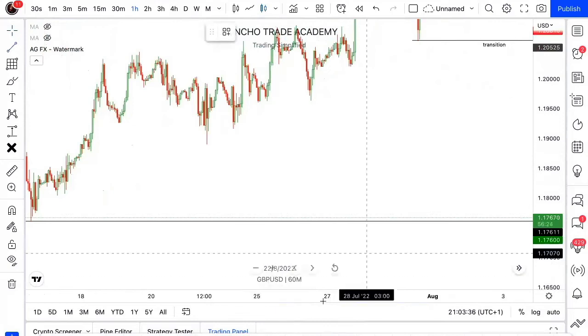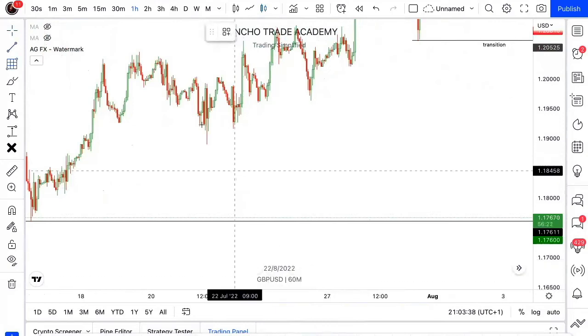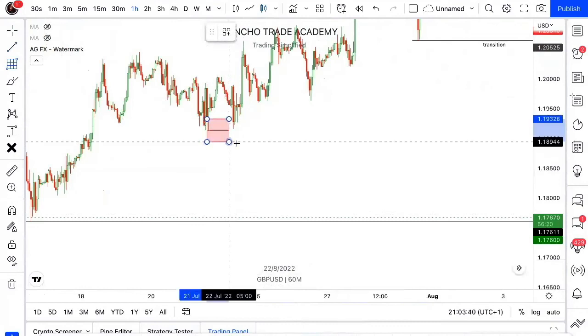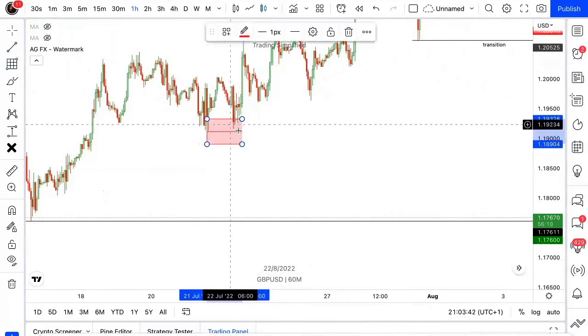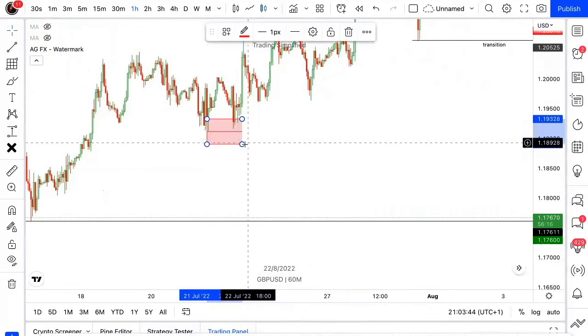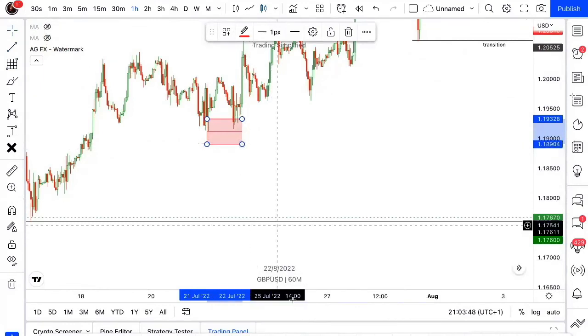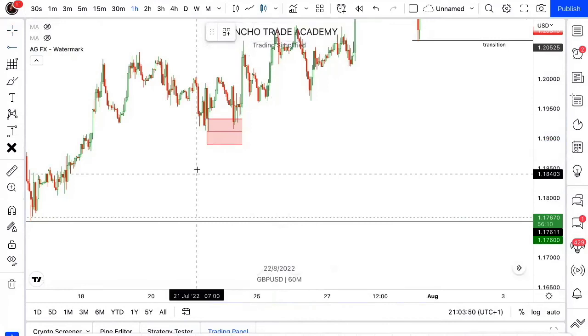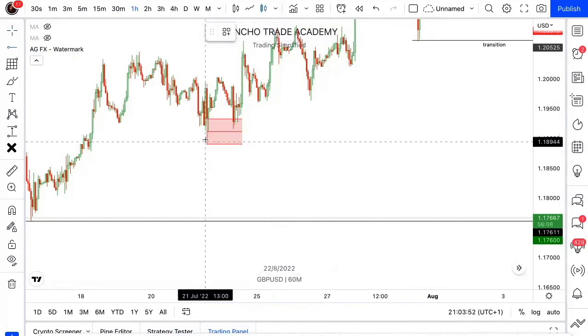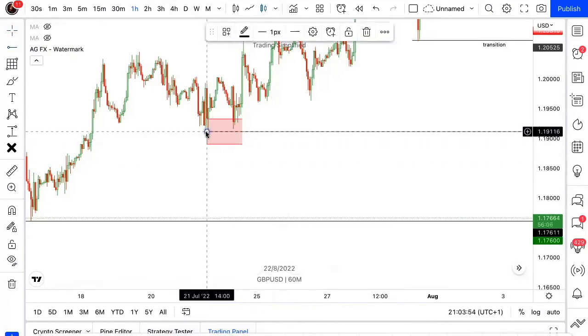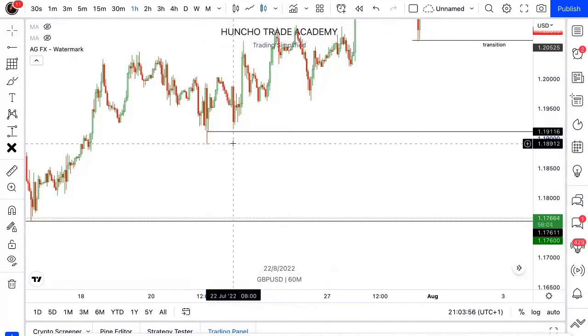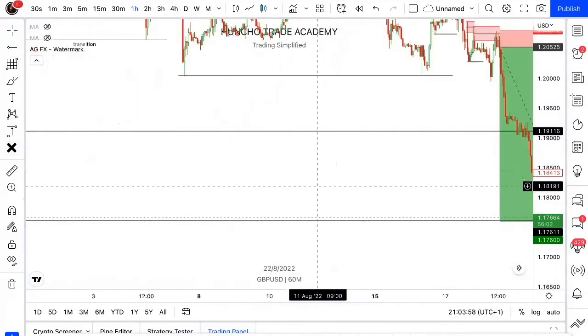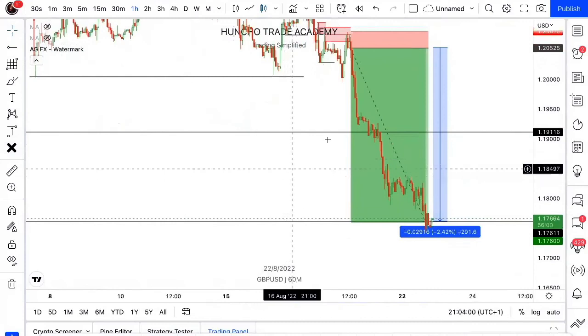You notice this order block here. Actually, it has been mitigated, but I feel we might see some reaction at this zone. So I actually closed 80% partials around here. This is why I closed 80% partials.